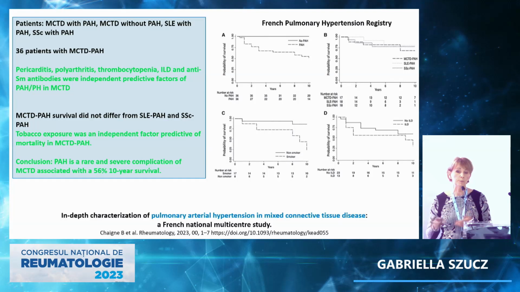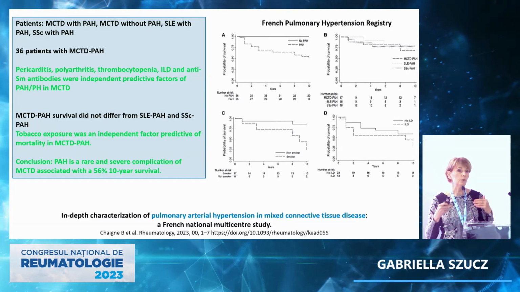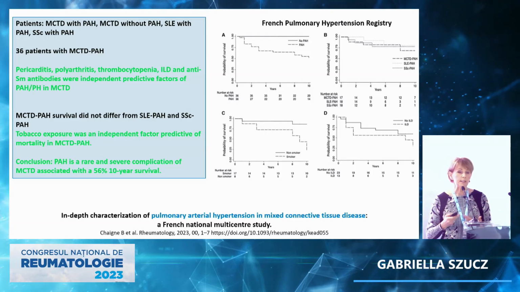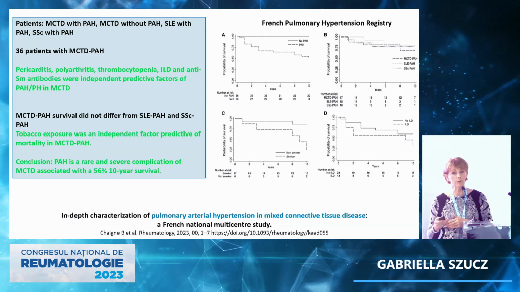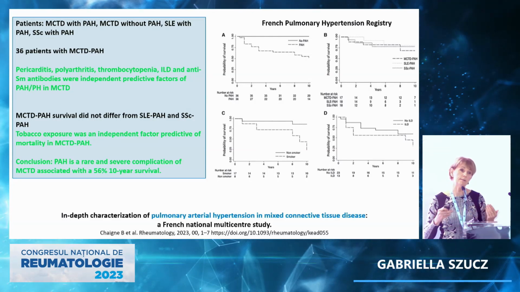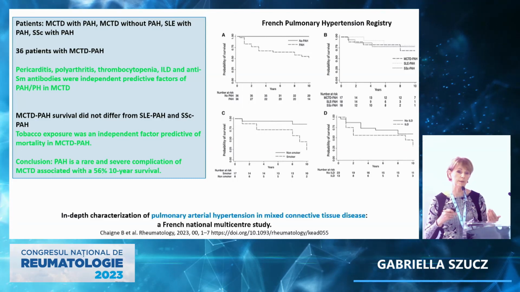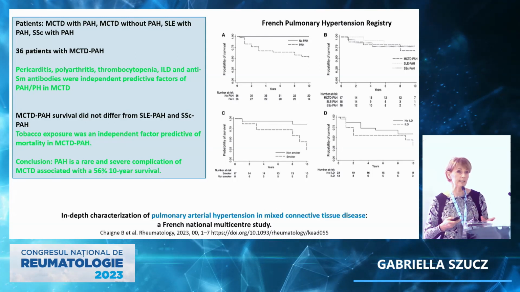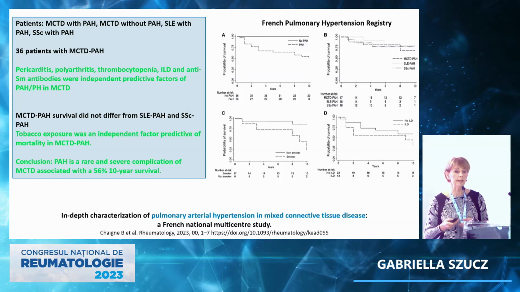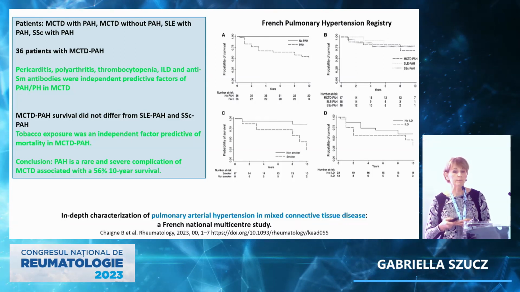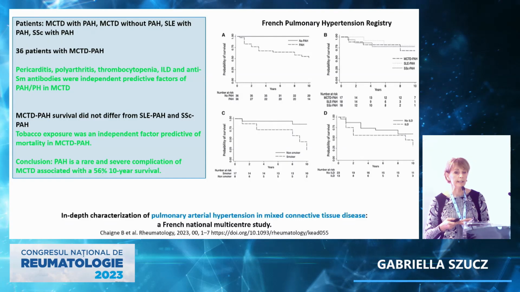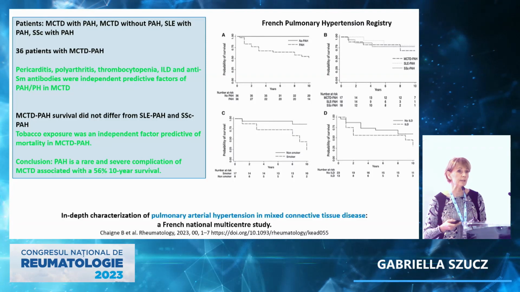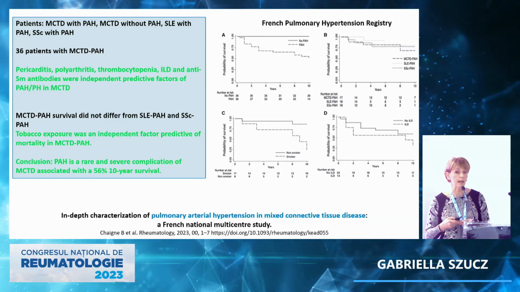And this is the French Pulmonary Hypertension Registry, according to the internal organ manifestation of MCTD, where MCTD with and without PAH, SLE with PAH, and systemic sclerosis with or without PAH were involved. 86 patients with MCTD-PAH were evaluated, and pericarditis, polyarthritis, thrombocytopenia, ILD, and anti-Sm antibodies were independent predictive factors for PAH associated with MCTD.